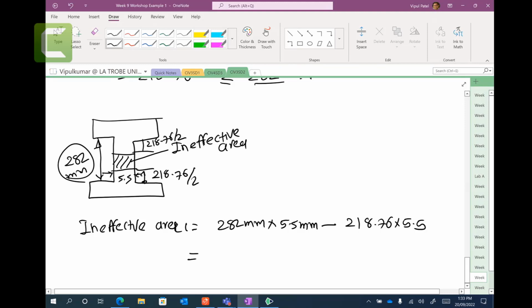Or something I've done wrong. Probably 282. Let me draw it up quickly. So these parts would be 282 take away 218.76. 282 take away 218.76.